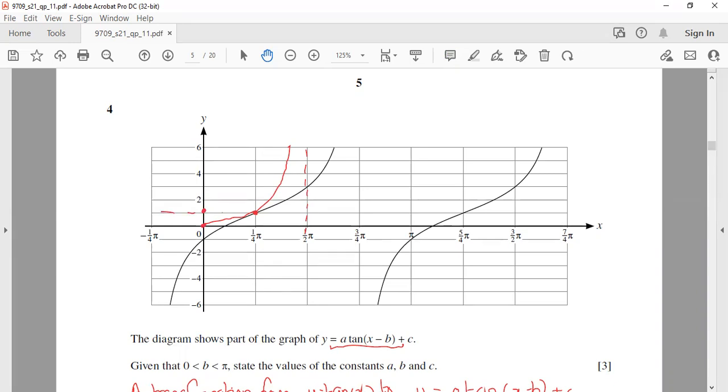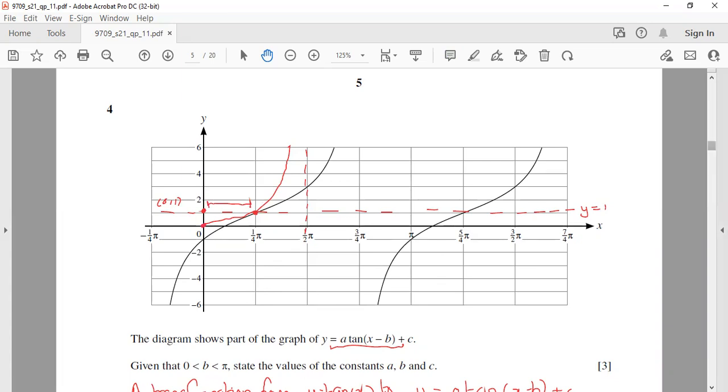Okay, it is on the line where y is equal to 1. So instead of starting at 0, 0, it starts at 0, 1. So as you can see, there is a shift of pi by 4 in the direction of the x-axis.